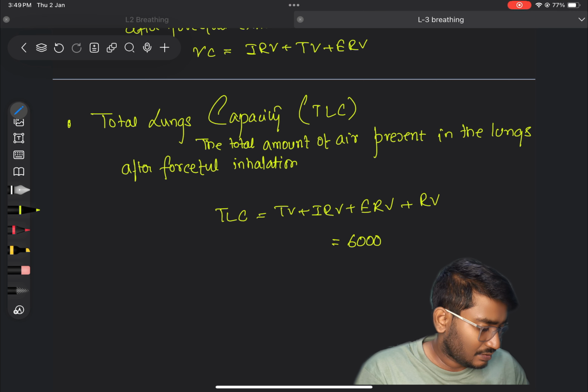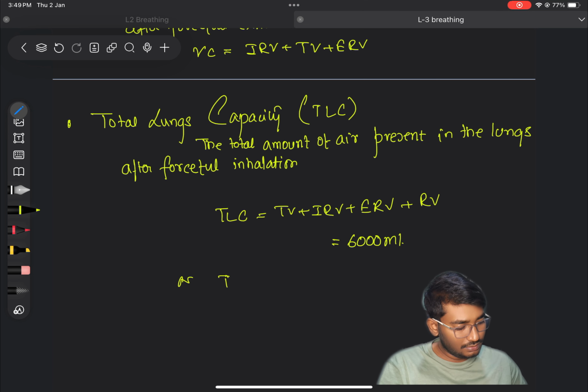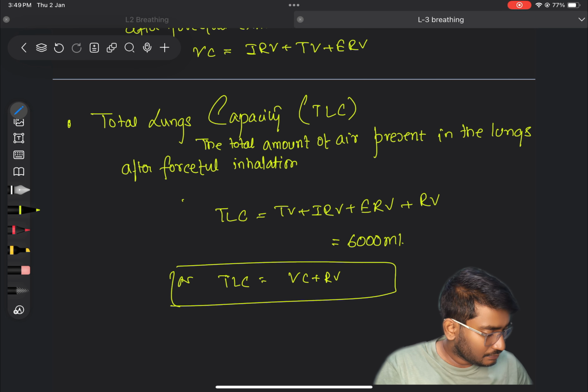It is approximately 6000 ml, or TLC equals VC plus RV. Same.